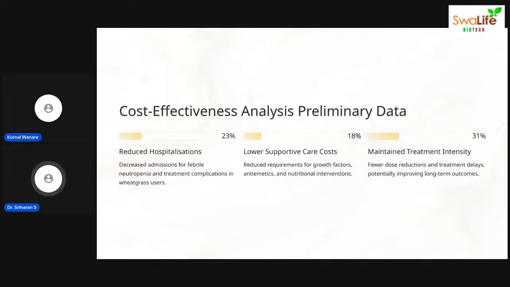So, cost effectiveness analysis. While taking this supportive care, it shows a 23% reduction in hospitalization, and the supportive care drug cost is very low. Maintenance therapy intensity, meaning treatment delay and fewer dose reductions, is also reduced in the control by 31%.